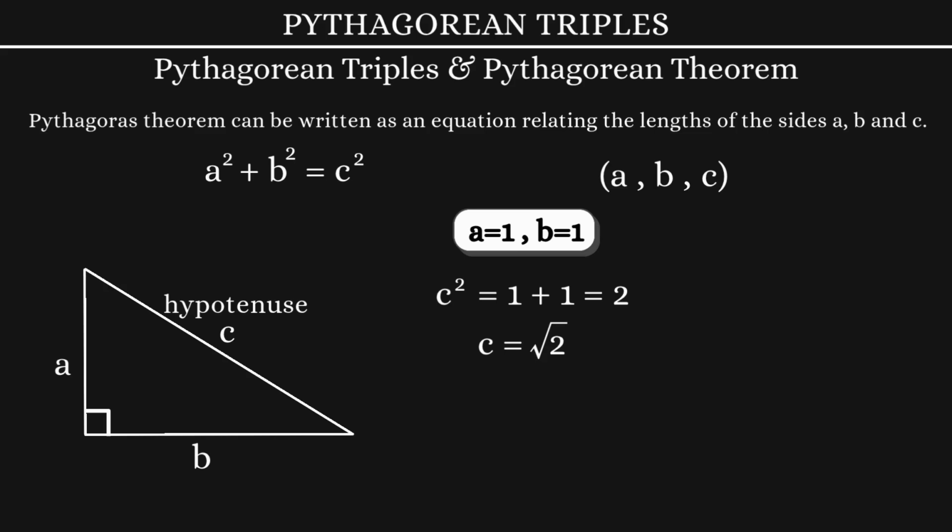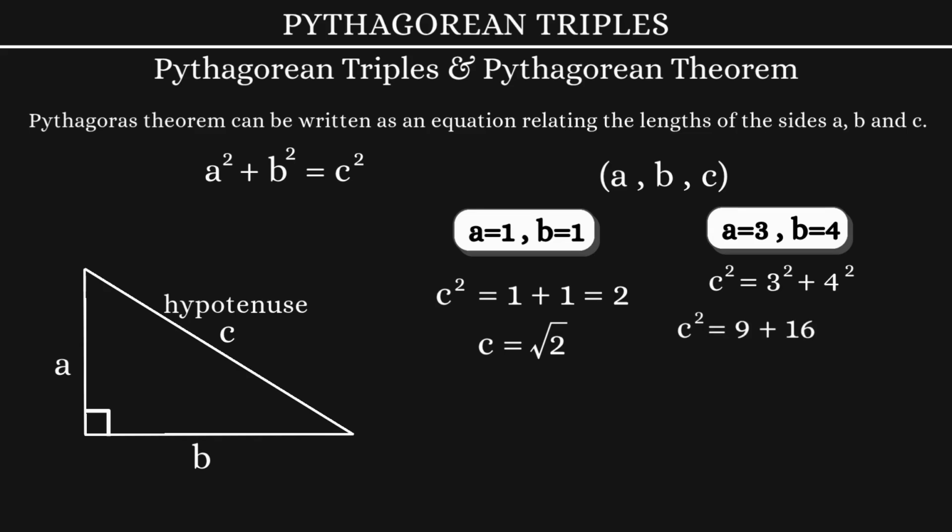Let's consider another set. A is equal to 3 and B is equal to 4. In this case, C squared will be 3 squared plus 4 squared, which is 9 plus 16, and that is 25.